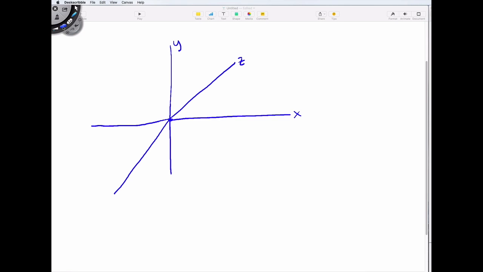And we can specify a vector quantity anywhere in here by saying it has these components, which would be the position along the x-axis, the position along the y-axis, and the position along the z-axis. And I can draw a line from that, and in 3 dimensions that would look like this. So there's our little vector there.